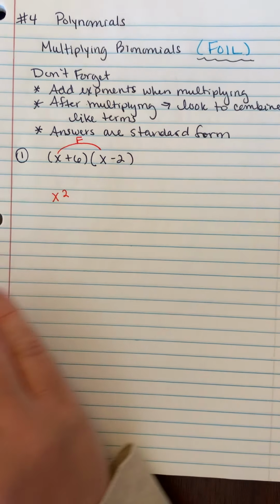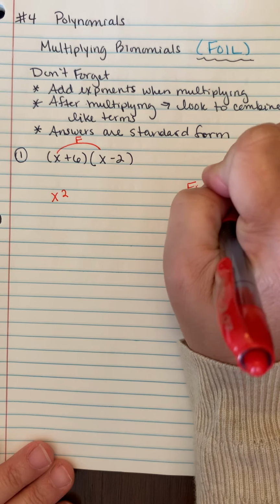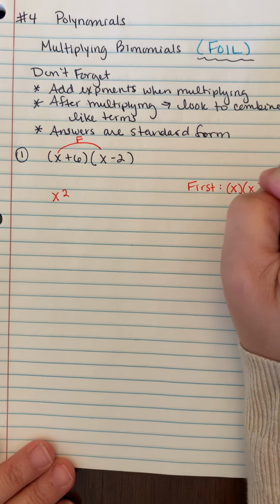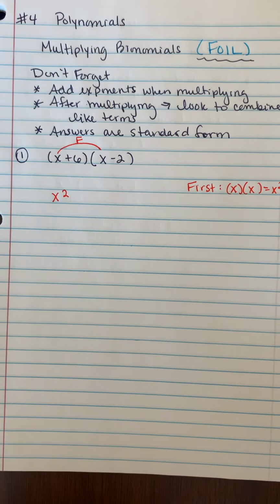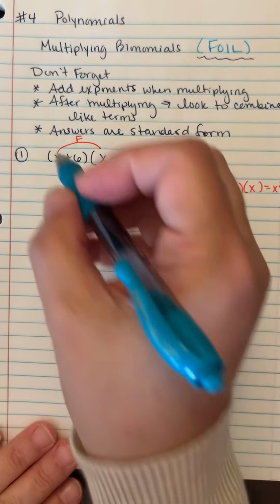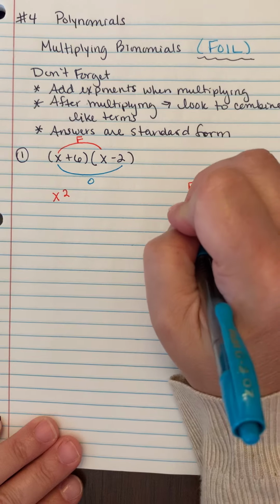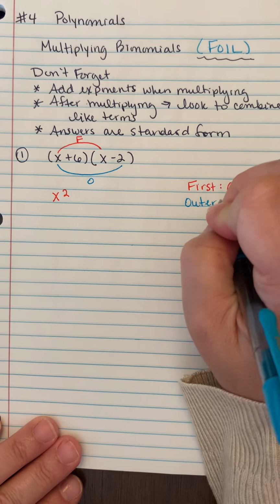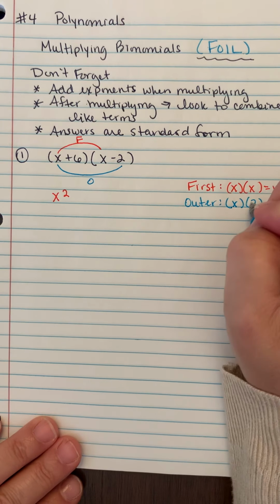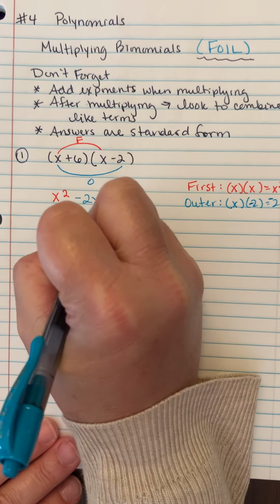Okay. Now, I'm going to write a little bit of notes over here for you. First terms, and we did x times x, which gave you x squared. I'm going to color code this as well. All right, so now we are going to look at that O, and that is going to be outer terms, and that is going to be your O. So x times negative 2, so that would be a negative 2x.